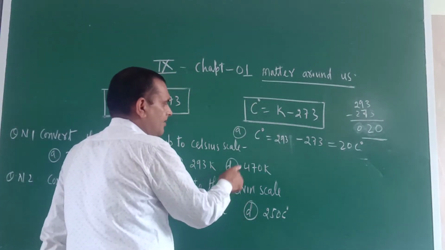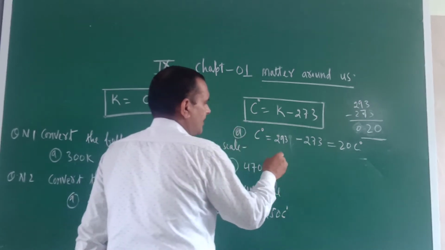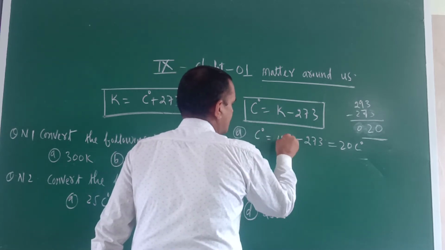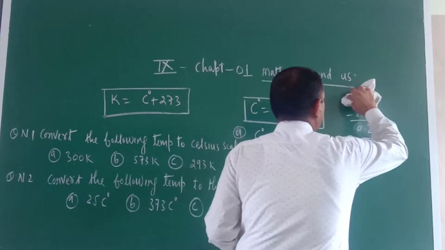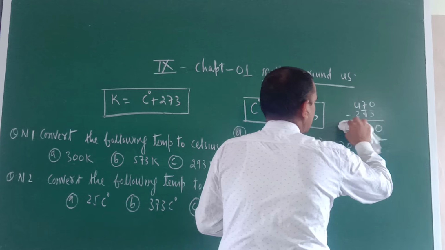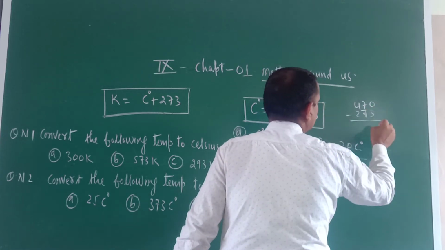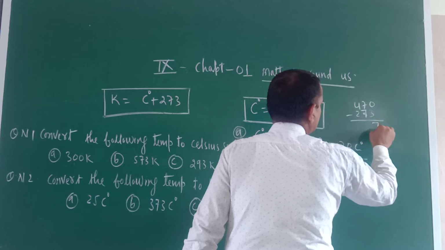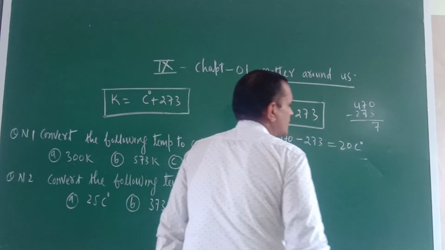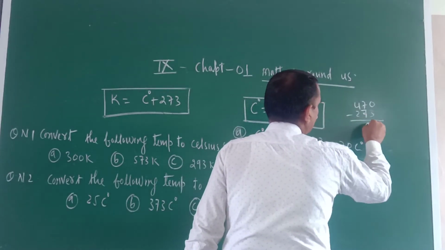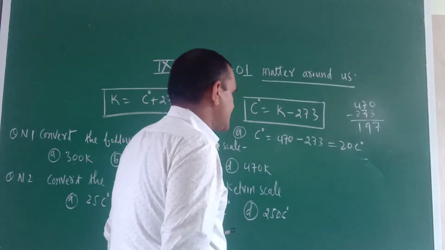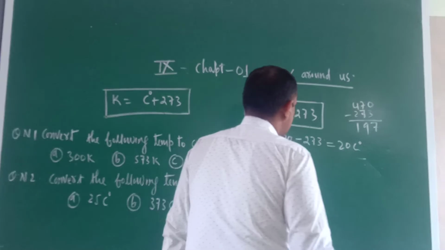Now the next one, D, is 470. So write down here 470 minus 273. The answer is 197 degrees Celsius.